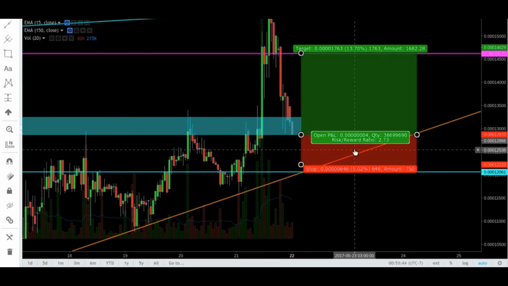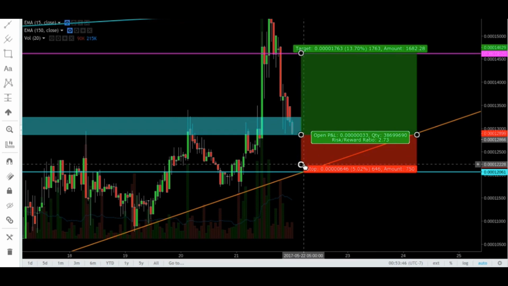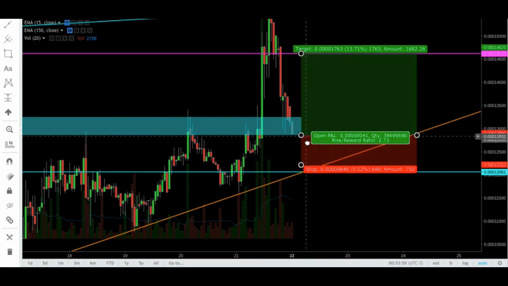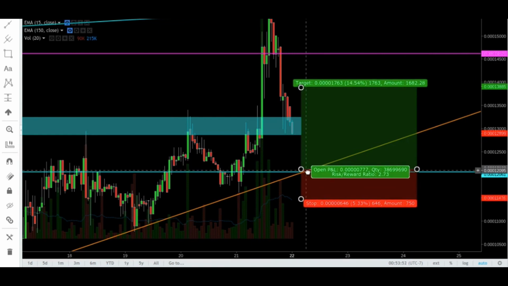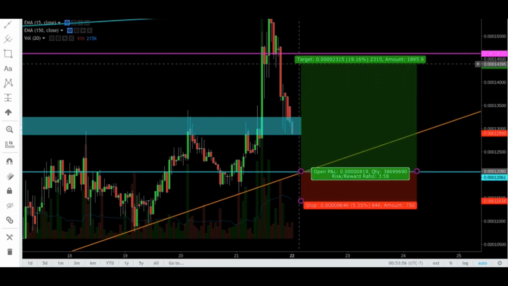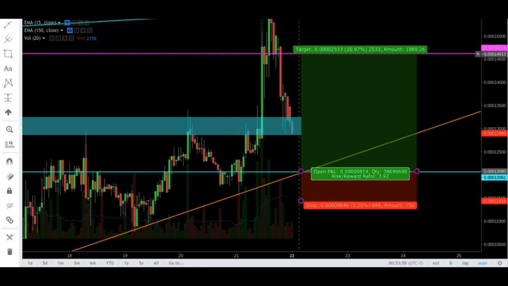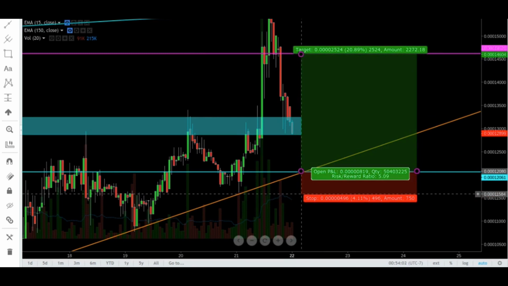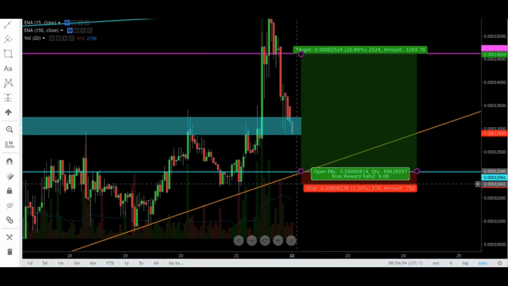Now, I would much rather purchase down here below this. That way, I would have a possible higher return, as well as being able to slim down my actual stop limit.